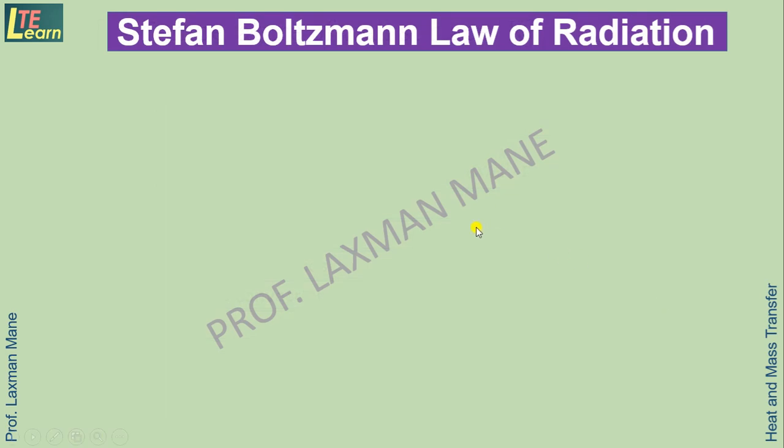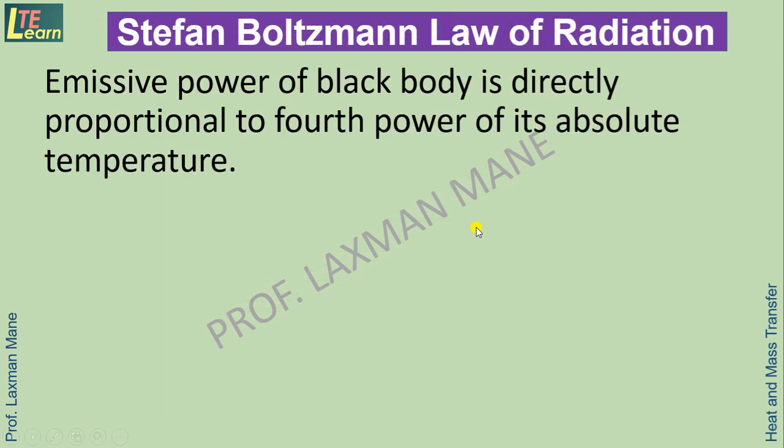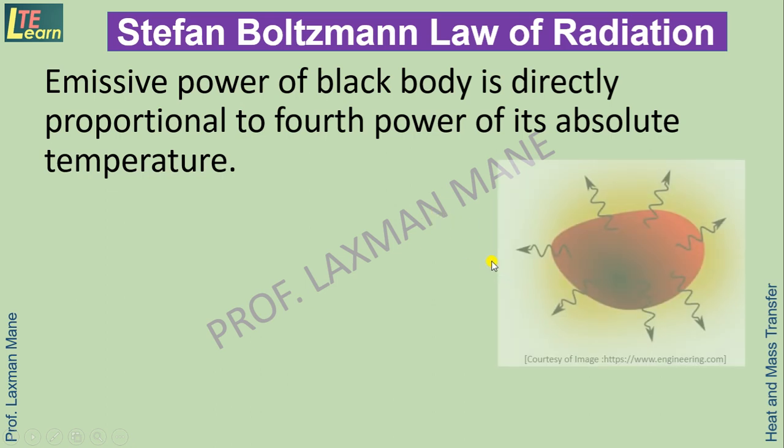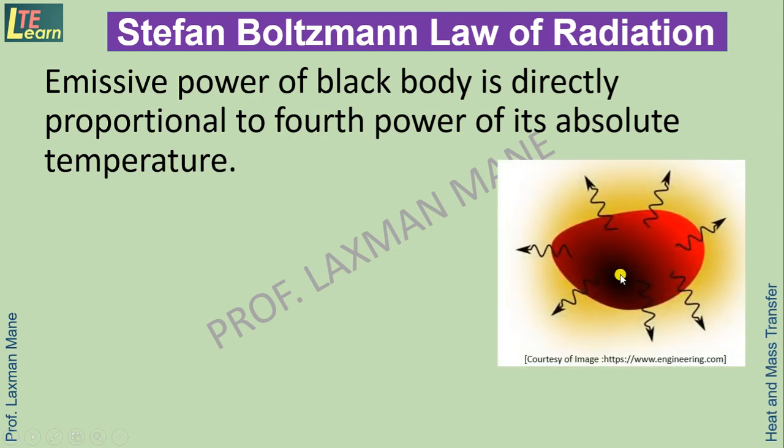Stefan-Boltzmann law of radiation. Here, the emissive power of a black body, which emits heat energy in the form of radiation, is directly proportional to the fourth power of its absolute temperature. So Q is directly proportional to the fourth power of temperature.